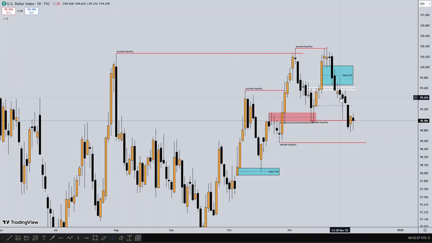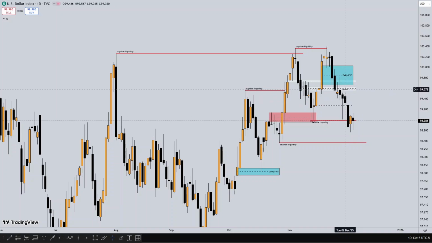And I told you guys the next draw on liquidity is to see price run the sell side liquidity. So on Monday, price traded lower, came close to running out the sell side liquidity, but did a retracement back to a new week opening gap, which was on Tuesday.